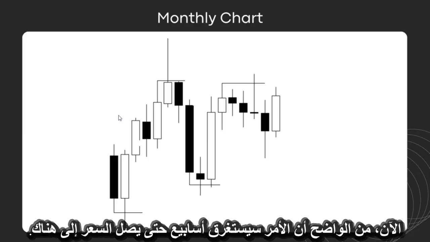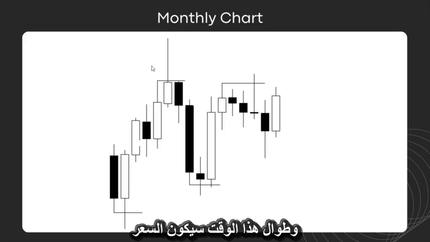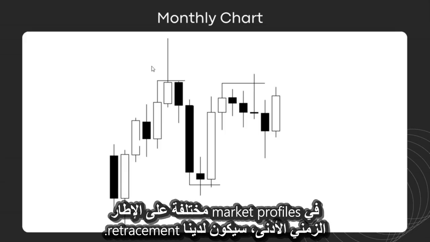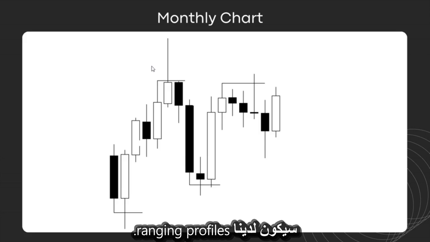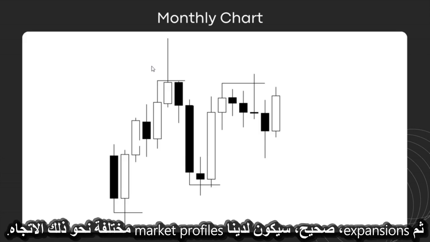Now obviously it's going to take a while for price to reach there, and throughout this time price is going to be in different market profiles in the lower time frame. We're going to have retracement, we're going to have ranging profiles, and then expansions, right? We're going to have different market profiles towards that direction.